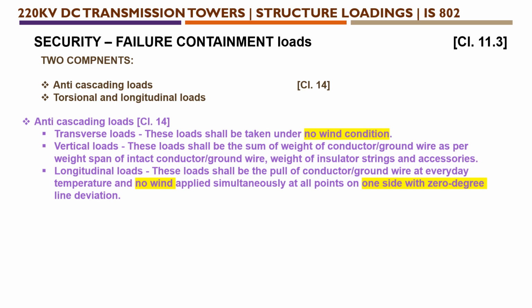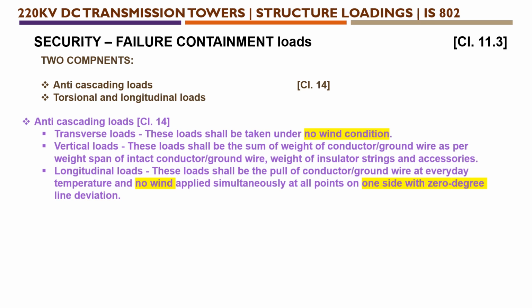We can consider these transverse loads in tension towers and dead end towers, because for suspension towers there won't be any transverse loads, as suspension towers don't have any conductor deviation. So this transverse load case is applicable only for the dead end tower and the tension towers.